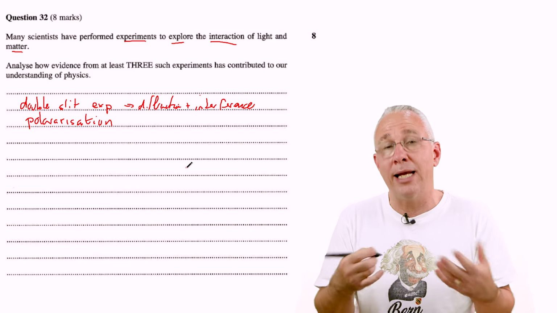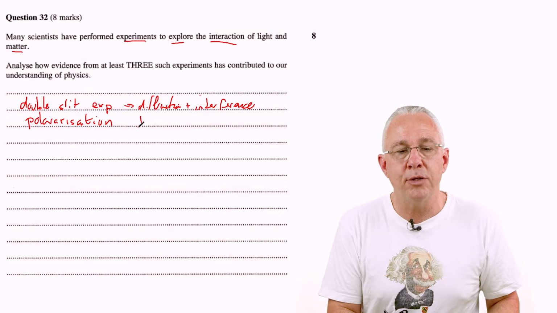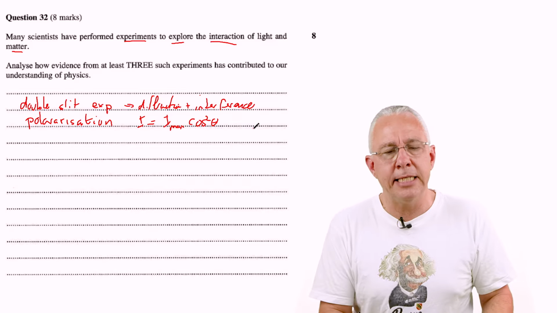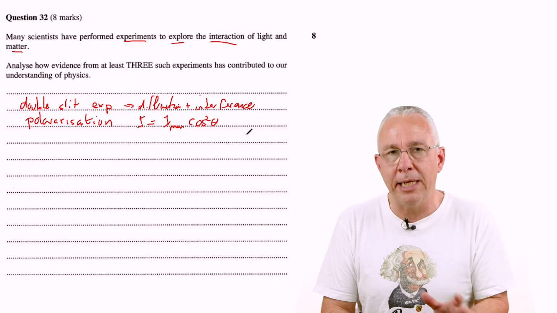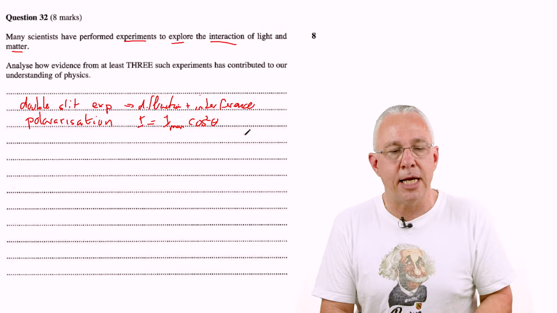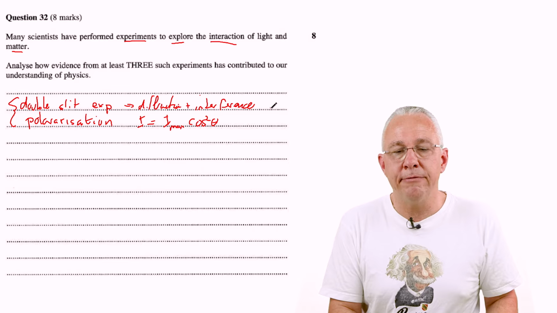Now, again, you would elaborate on this, but the key thing here is, if you talk about polarization, you might talk about the intensity being I max multiplied by the cos squared theta. You'd provide the details, but in essence, it shows wave-like properties. This can be properly explained if you understand light as a wave. So these are both what I would say as wave-like behaviors that you can use.